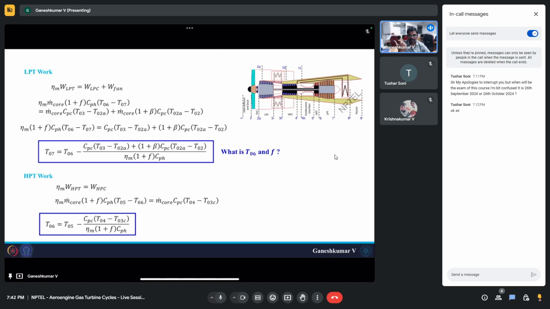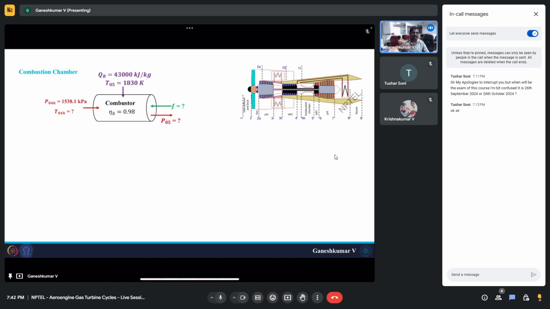So for T06 you will get this relation, but again, you don't know f, right? So how do we find f? f is in the combustion chamber, because only in the combustion chamber are we adding fuel. So let's do an energy balance in the combustion chamber. From the exit of the regenerator, with some temperature T04H, the exact number we don't know yet, that stream will have some energy, which is m dot core CPC T04H.